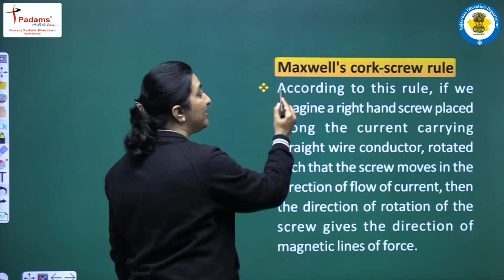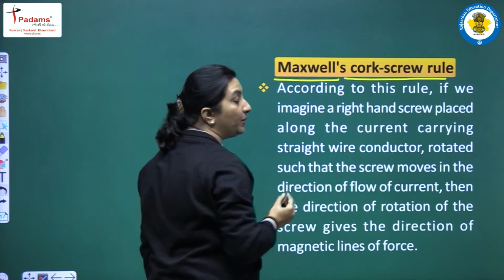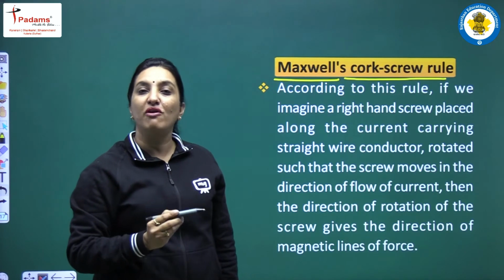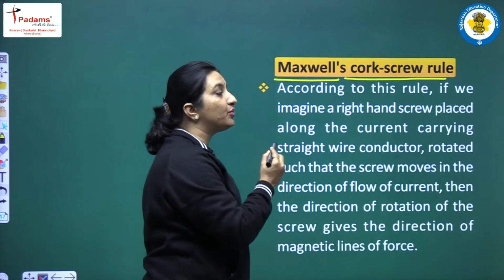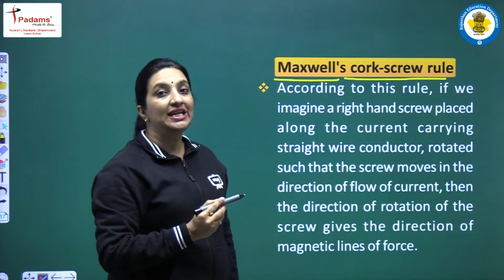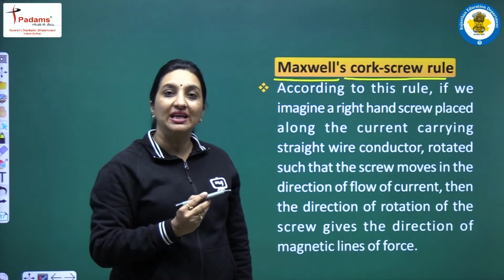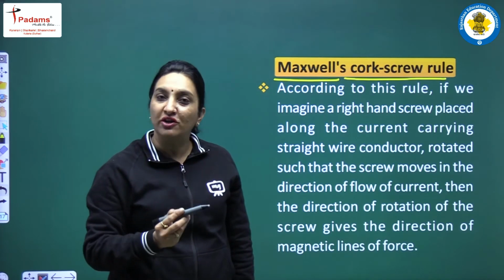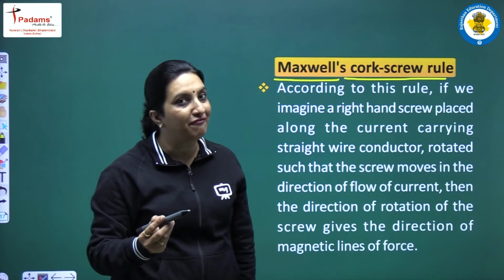Now students, there is one more rule which is named as Maxwell's corkscrew rule, which also gives us an idea about the direction of magnetic field. Here students, we take a Maxwell's corkscrew, and if the direction of the motion of this corkscrew gives the direction of current, then the direction of rotation of the corkscrew will give us the direction of magnetic field.